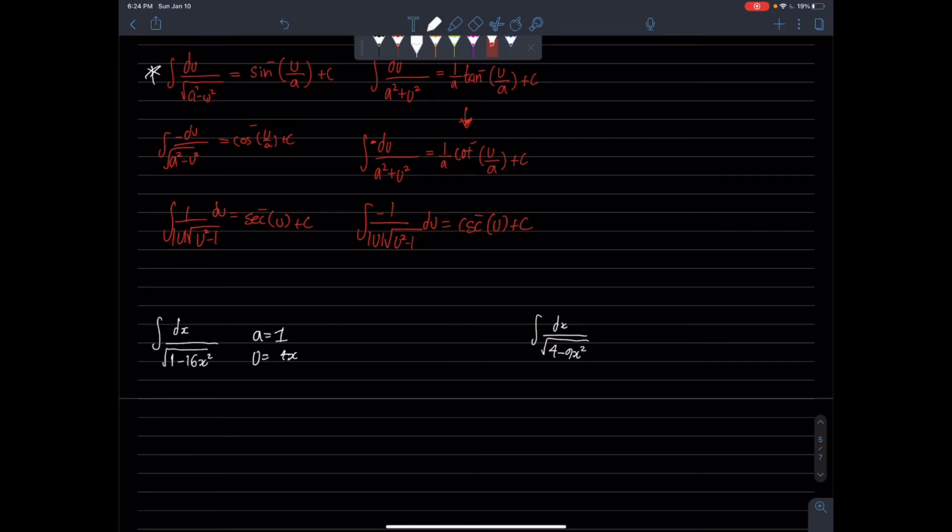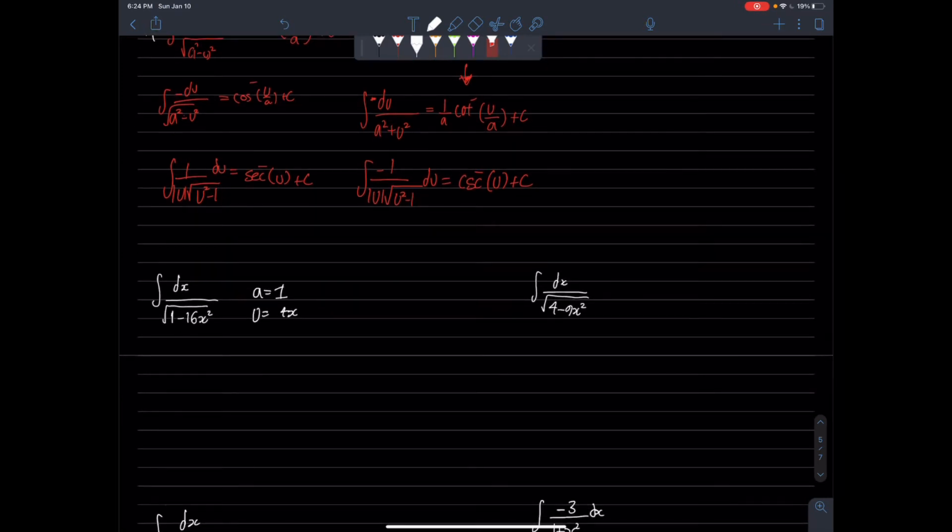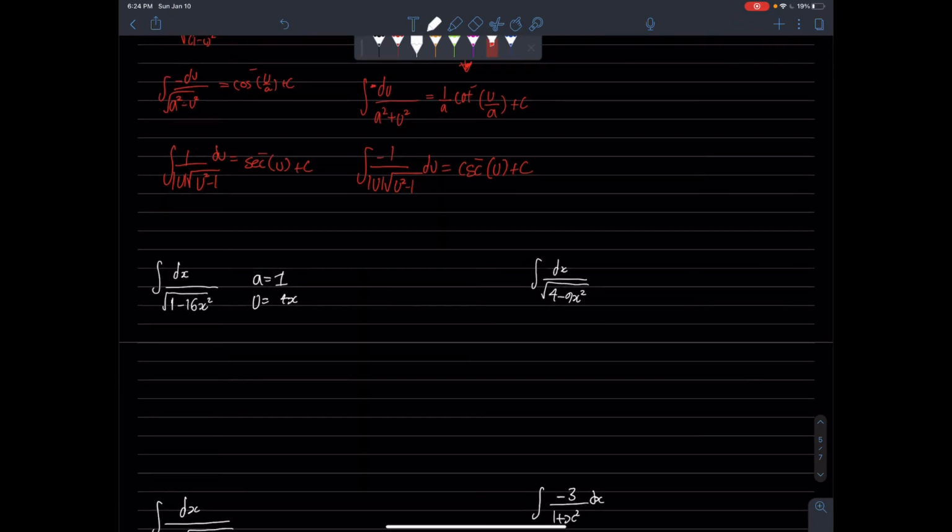So if we want to do it, we're going to have to multiply this thing by 4 over 4, right? Because we can't just bring another constant into the derivative, which we're going to get right now. Let me do it and I'll show you what I mean. So you'd have to do substitution for that actually. So let me do an easier way. So you would get sine inverse 1 over 4 times 4x, right, plus c.